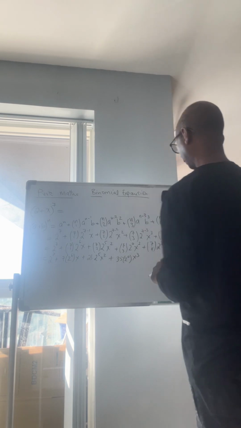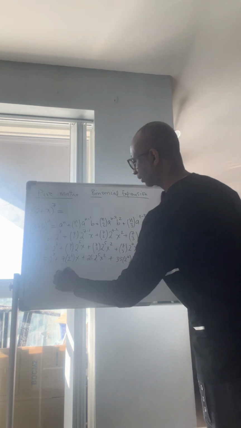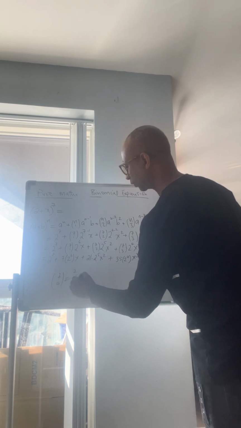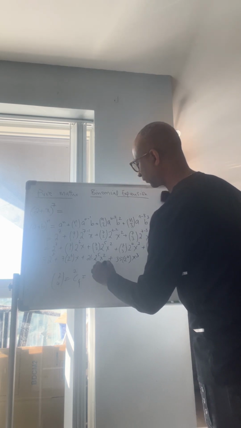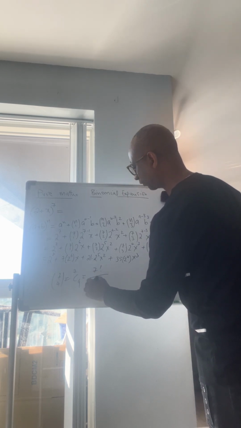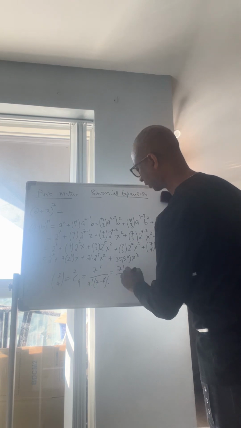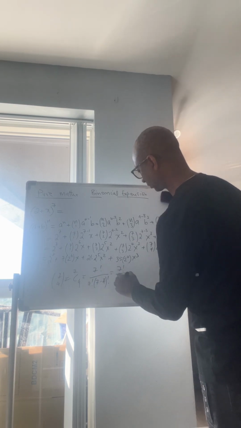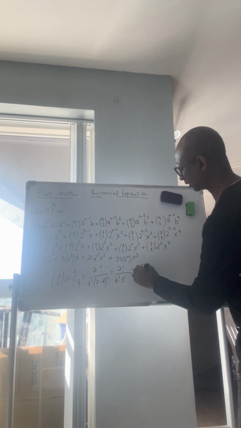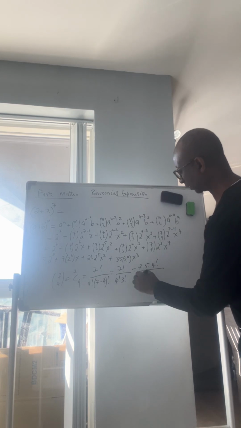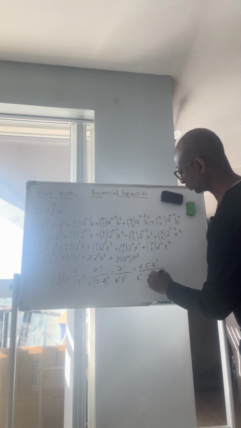The last one, you have 7C4. This is 7 factorial over 4 factorial times 7 minus 4 factorial, which is 7 factorial over 4 factorial times 3 factorial. So this is 7 times 6 times 5 times 4 factorial over 4 factorial times 3, 2, 1.